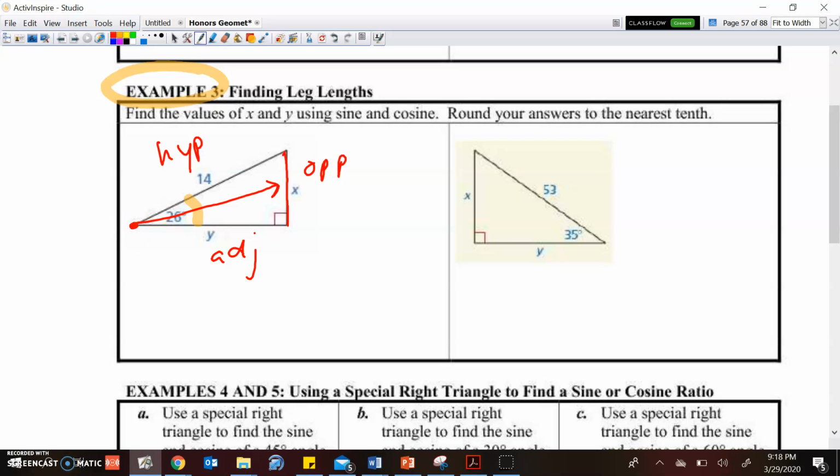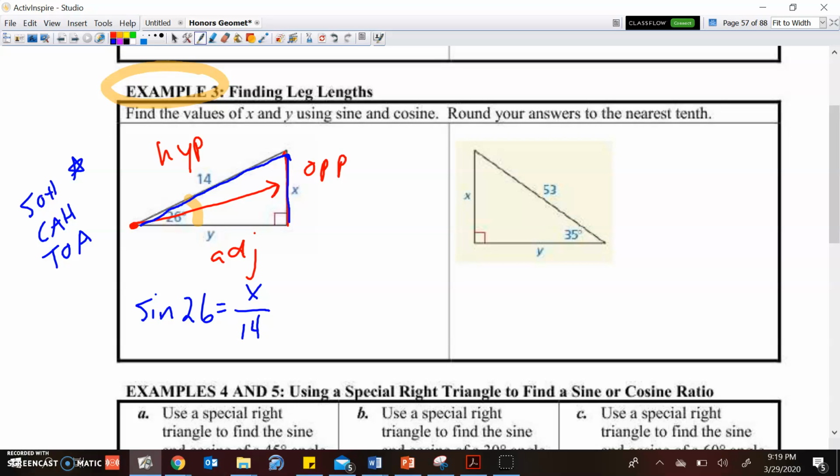So to find x, that means I'm going to have to involve my opposite side, and then my hypotenuse is the only number that's given. So I'm going to say the sine, because SOHCAHTOA, the one that involves opposite and hypotenuse, is sine. So I'm going to say the sine from 26 degrees is equal to x over my hypotenuse 14.